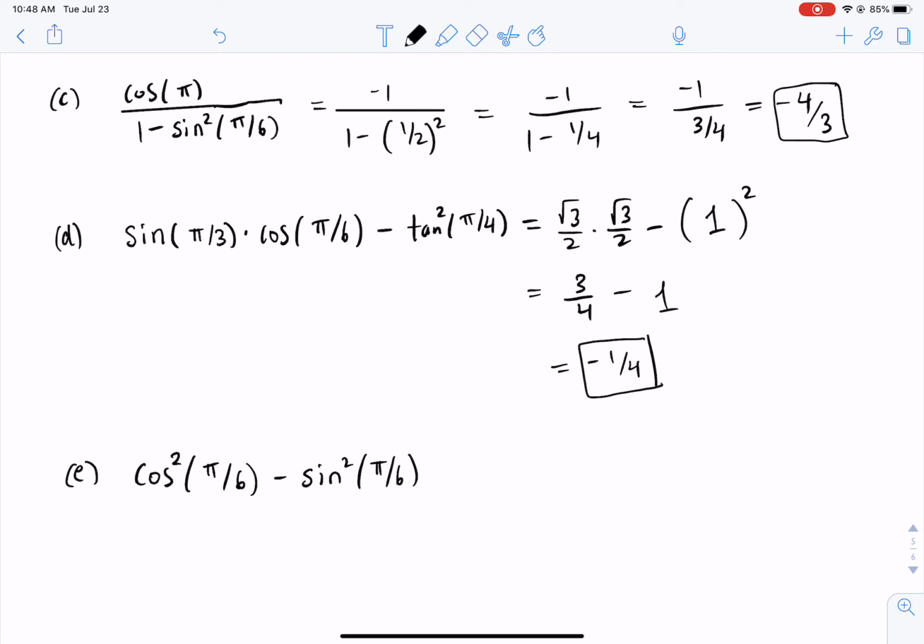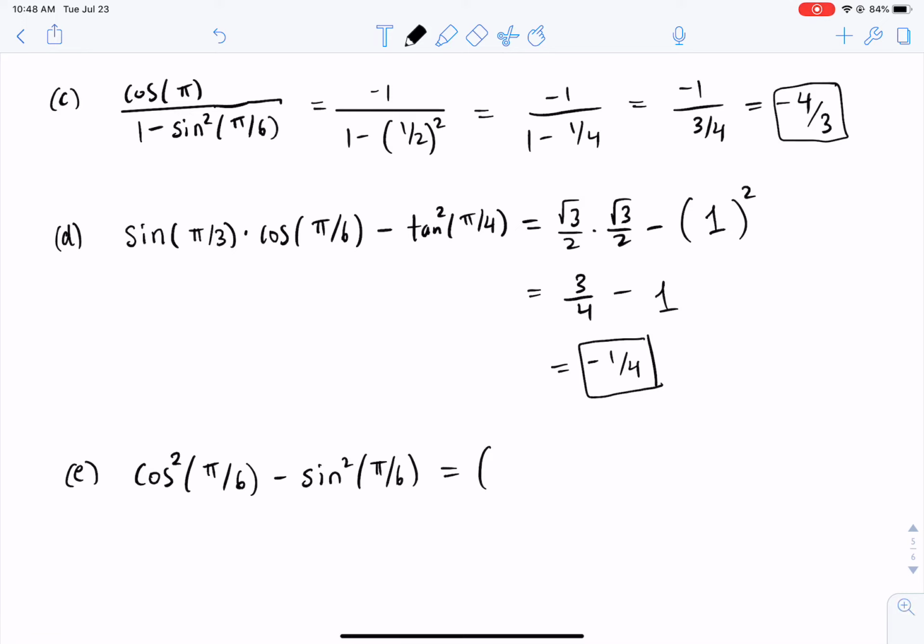If it was plus, they would add up to 1, but there's a minus in between them. We understand that if it was plus, they would add up to 1 because of the identity we just came from. But that identity is not studied in 190; it's studied more in 195, where you get many other identities. So cosine squared of pi over 6 minus sine squared of pi over 6.